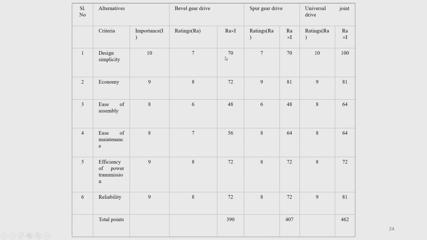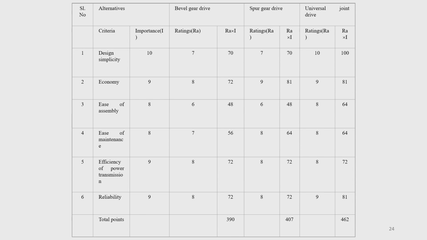So, rating into I, that means the R into I product you see, and then after that sum them up. So, you got 390, and here R into I is 407, and here you got R into I 462. So, therefore, out of these three designs, 462 is coming much better. So, I decided to take the universal drive, this one.